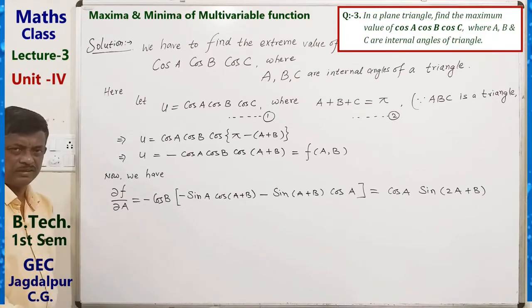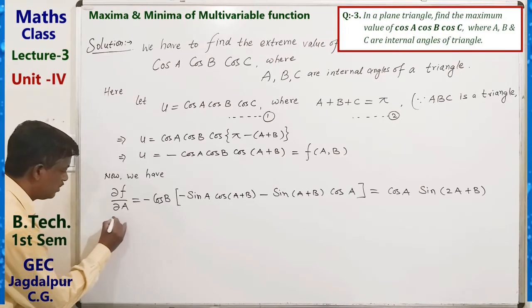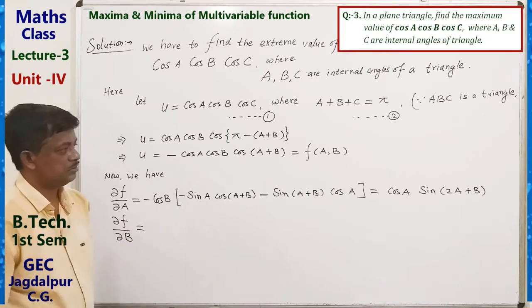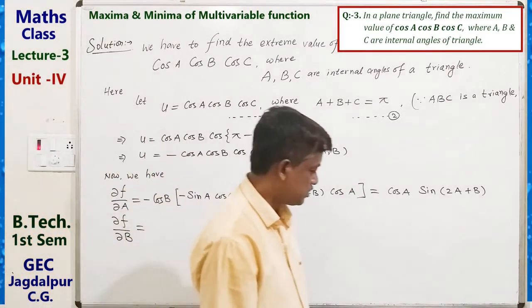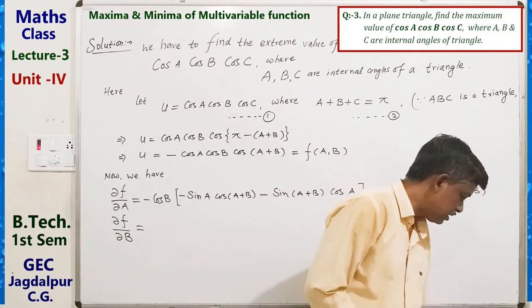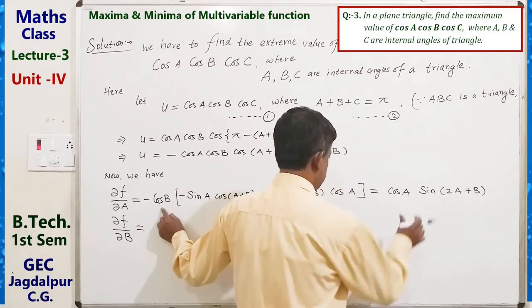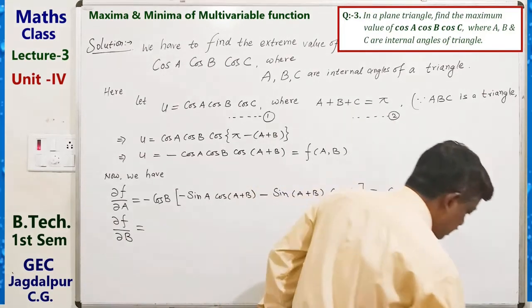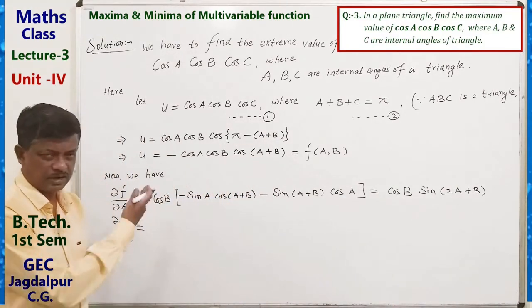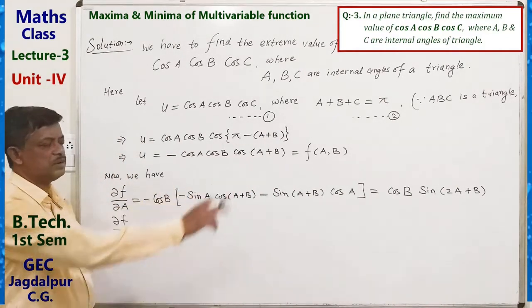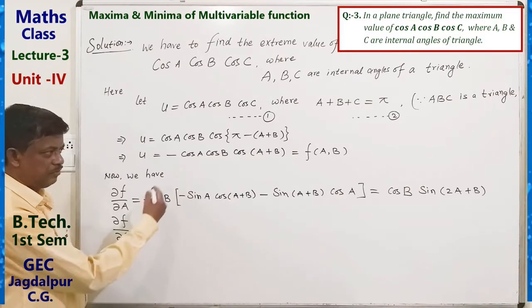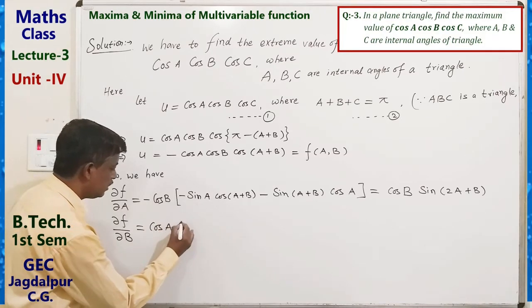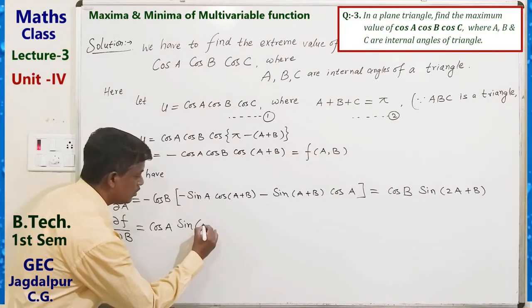Similarly you can find del F by del B equals cos A sin (A plus 2B). So here it is cos B, sorry, this is cos B. Now cos A sin (A plus 2B). Similarly, by a similar process you can find the value cos A sin (A plus 2B).